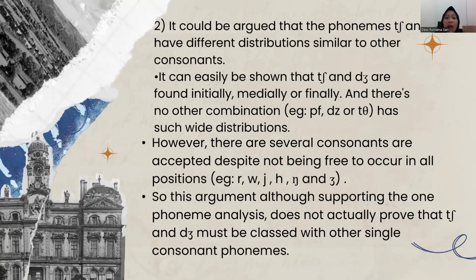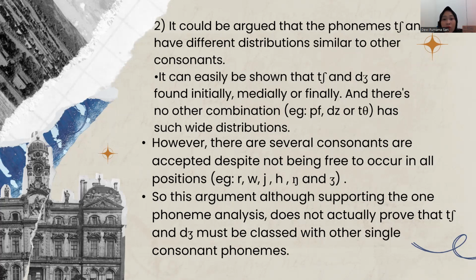Okay, now, it could also be argued that the phonemes ch and j have different distributions similar to other consonants. So it can easily be shown that ch and j are found initially, medially, or finally. There's no other combination, for example, p and of, there's no, right?